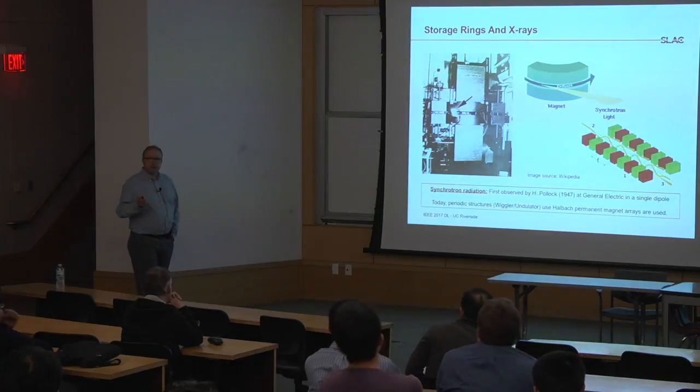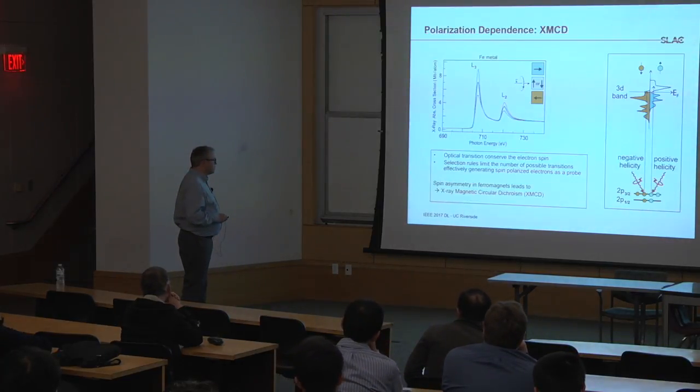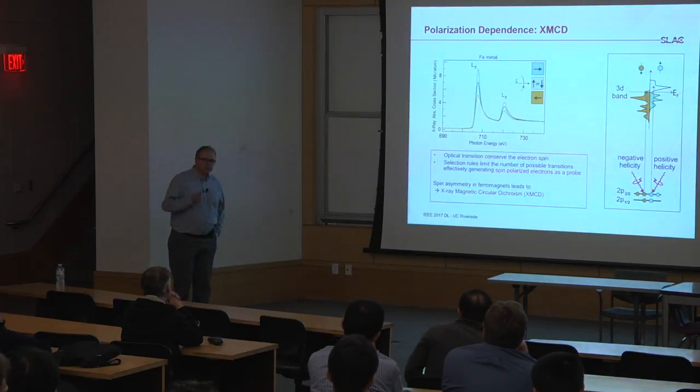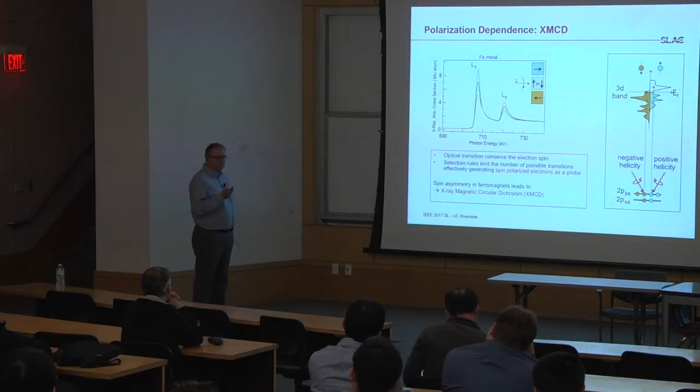So the question was why we can see XMCD in the oxygen in this one example that I had here. And you're right. Typically when you do XMCD, very often you're looking at an L absorption resonance, which is 2p to 3d.